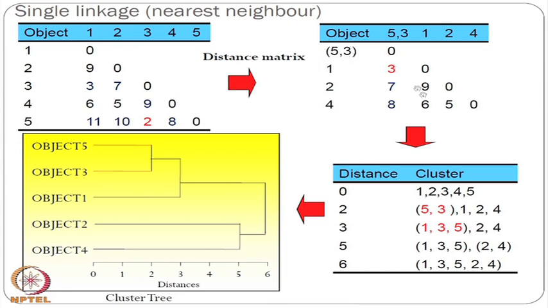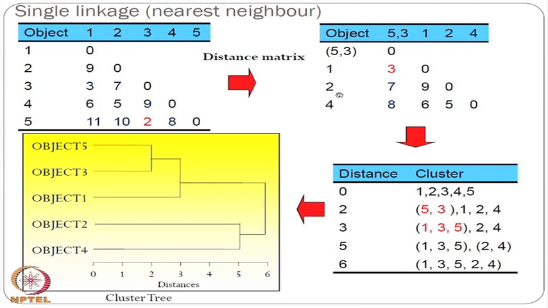Now, the question is what is the distance between the cluster 5 3 and 1. The nearest neighbor says that you find out the distance between 1 and 5 and 1 and 3, take the minimum one. Then 1 and 5 is 11 and 1 and 3 is 3. So, the minimum one is 3, you have taken 3, and for the rest of the items similarly 5 3 versus 2, similarly 5 3 versus 4 you have to find out.